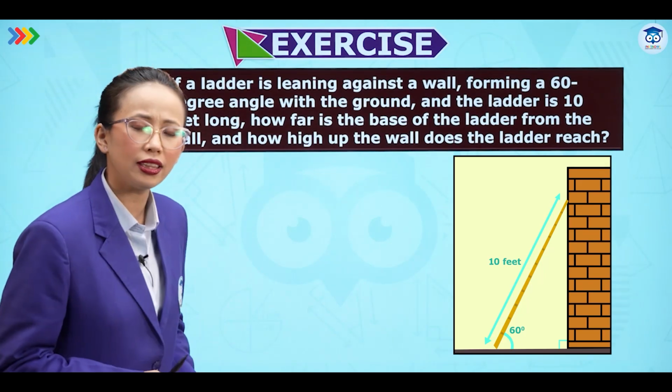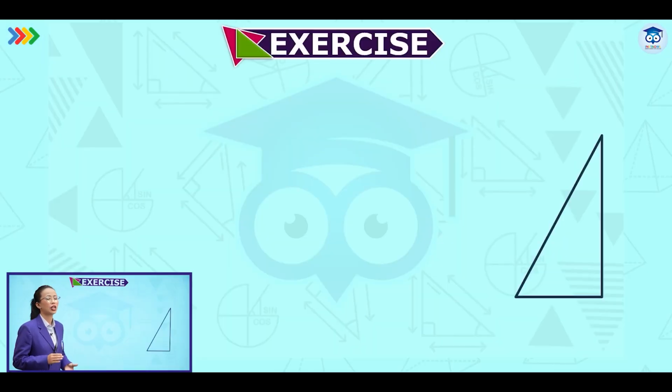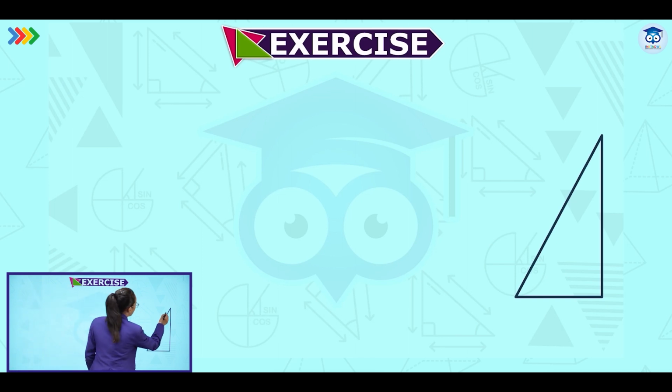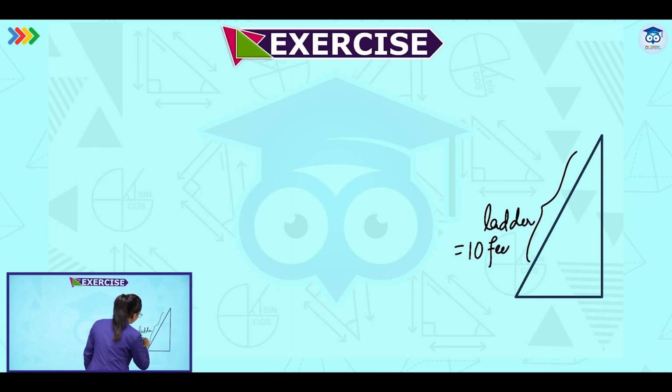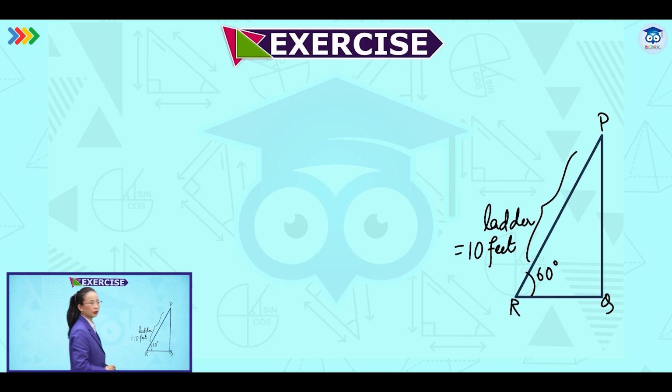So looking at this condition, we can make a right angle triangle, right? With this as a ladder, this is 10 feet, and we have angle here given as 60 degree. Then this can be considered as P, Q and R.